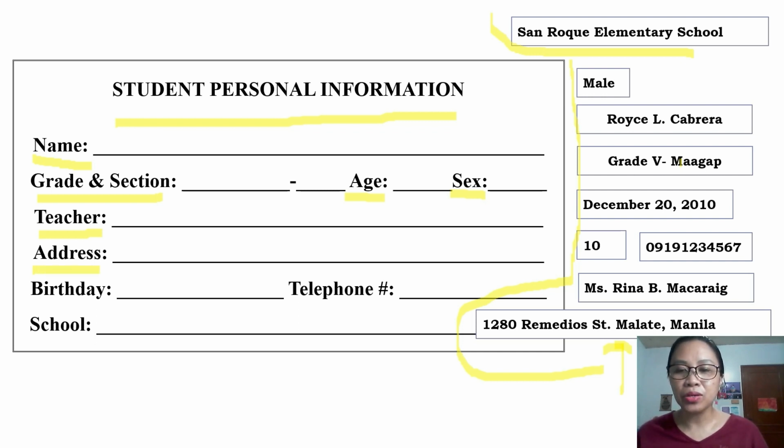Make sure that his address is complete, together with the number of the house or the residency, and also his birthday, his telephone number, and the school.